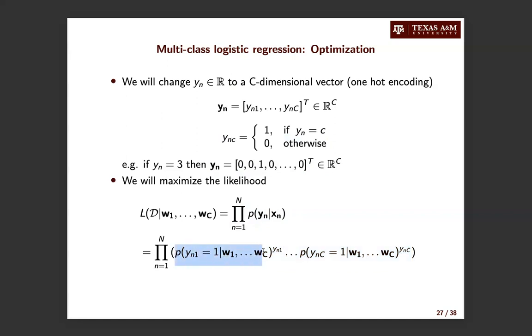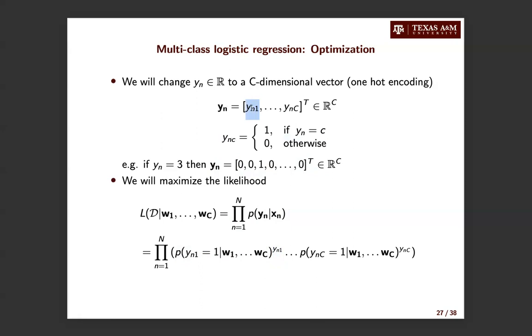The first element corresponds to the probability of observing the first class. The second element corresponds to the probability of observing the second class, and so forth. And each of these probabilities is being raised to this element y_nc, which is this element of the one-hot encoding vector.